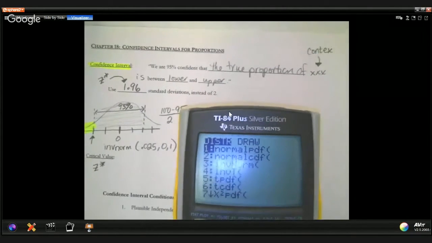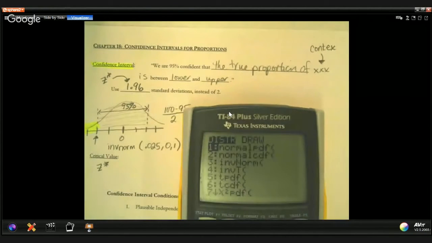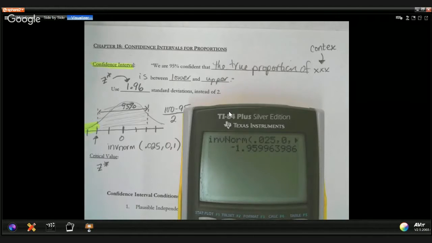Let's see, there's a reflection on the calculator. There we go. Inverse norm, 0.025 and 0, 1. And so that shows me I'm at 1.9599. So that's where the 1.96 comes from. Now, I know that it's negative, but that's just to the left. I'm just going to disregard the negative.